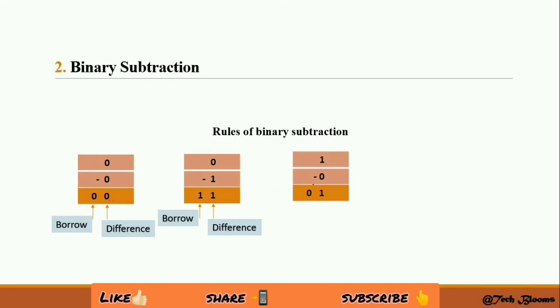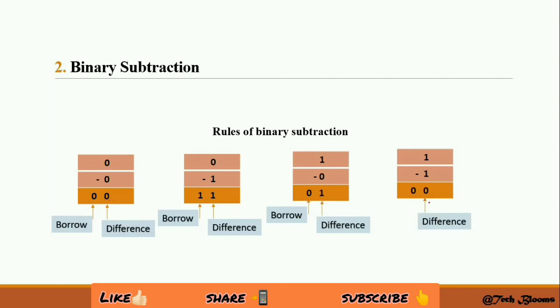In a similar way, 1 minus 0 yields a difference of 1 and a borrow of 0. And 1 minus 1 yields a difference of 0 and a borrow of 0. So these are the rules you need to keep in mind for solving binary subtraction problems.